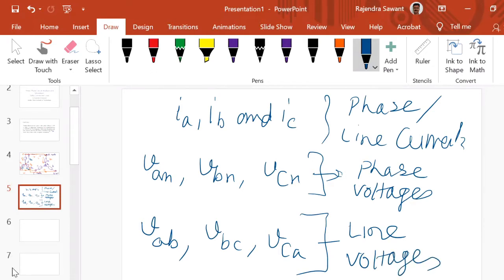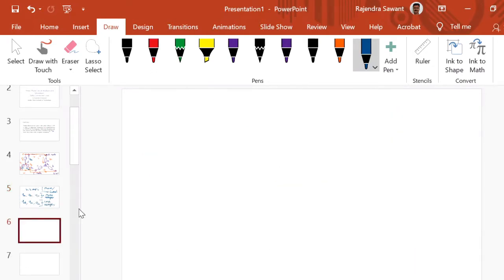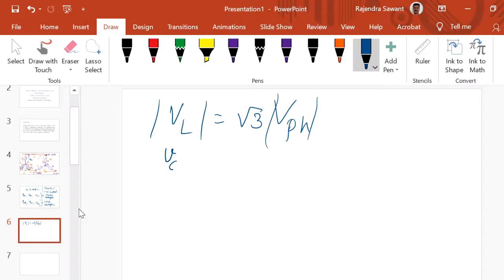And we popularly know that magnitude wise, the magnitude of VL is equal to root 3 into VPH. This we have studied in the theory class. So in general, for example, if we take VAB, the magnitude of VAB is equal to root 3 into the magnitude of VAN.